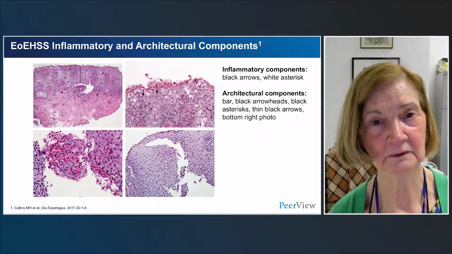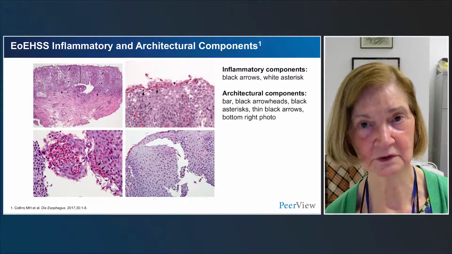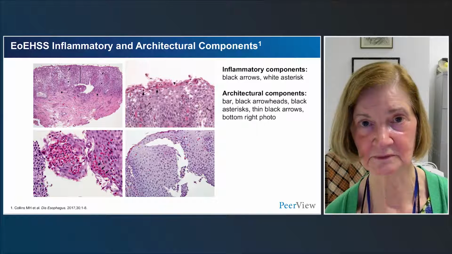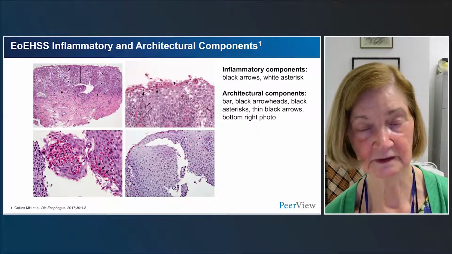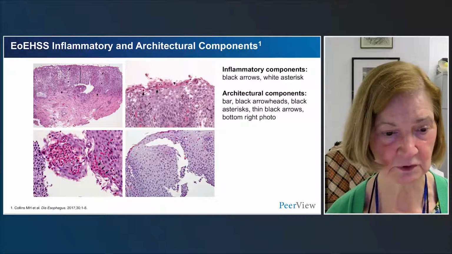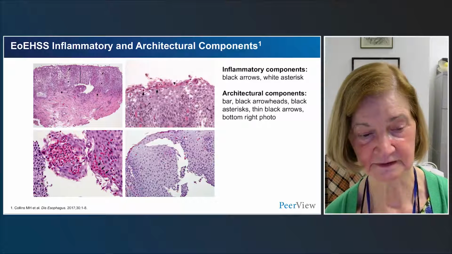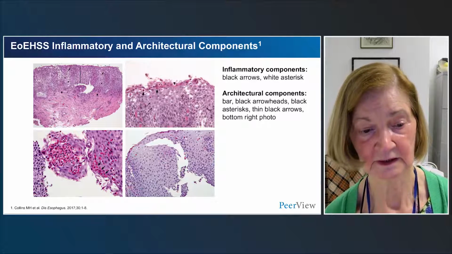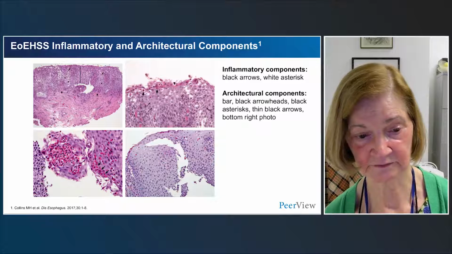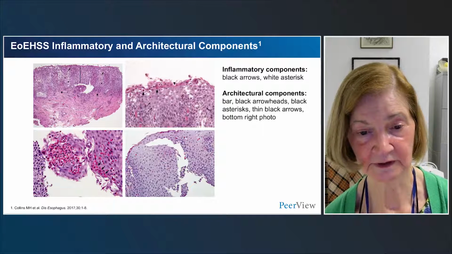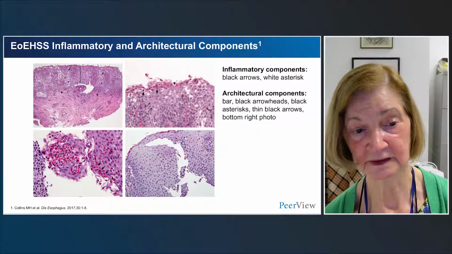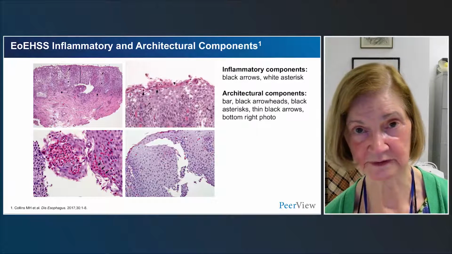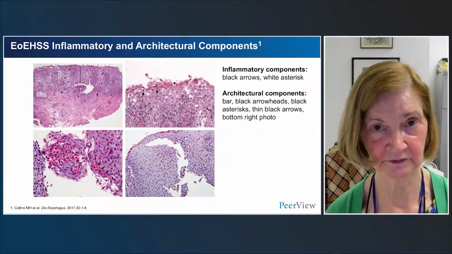And so we divide the scores into subscores sometimes. The inflammatory subscores are eosinophil abscesses, eosinophil surface layering, surface epithelial alteration, and eosinophil inflammation, a score that's based on the peak eosinophil count.